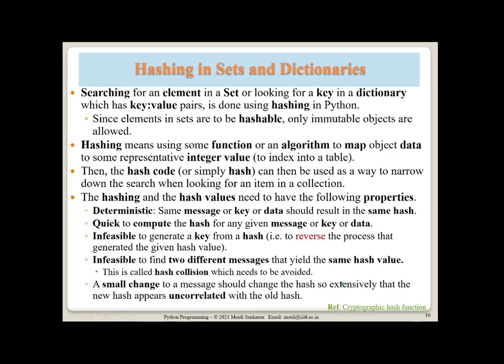Hash collision should be avoided. Similarly, a small change to a message should change the hash extensively. Only then can you have uniformly distributed, uncorrelated keys, so that you don't get into collisions always, and you are managing the hash table properly.